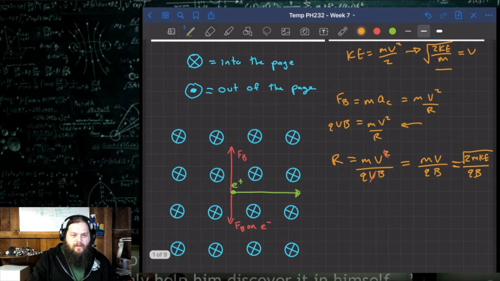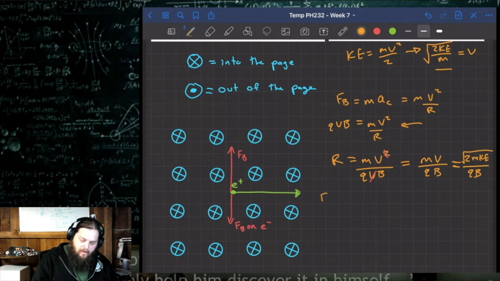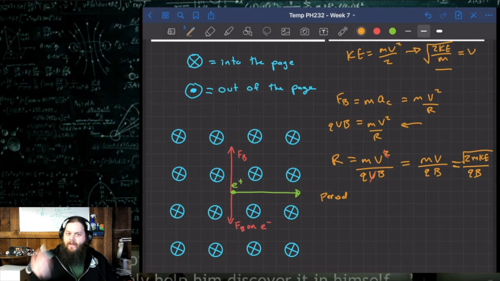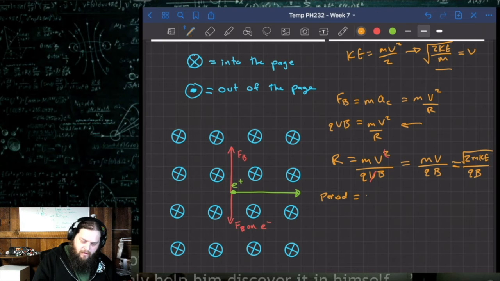Using that similar type of thing, with our rotational kinematics, we can see that the period, so how fast it goes around per second, would be equal to 2 pi r, basically the circumference of the circle that it makes, divided by its velocity, how fast it goes around that circle.